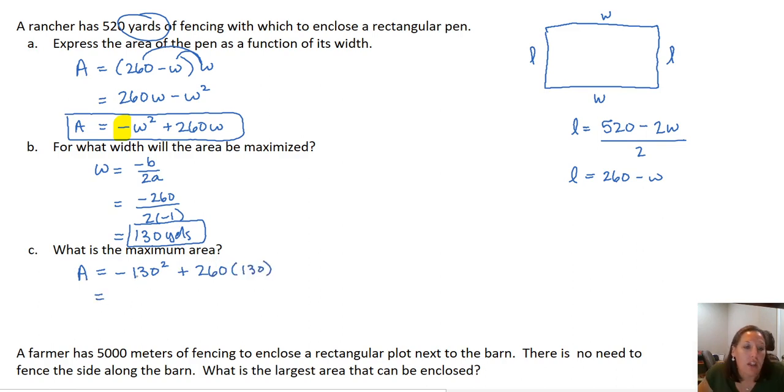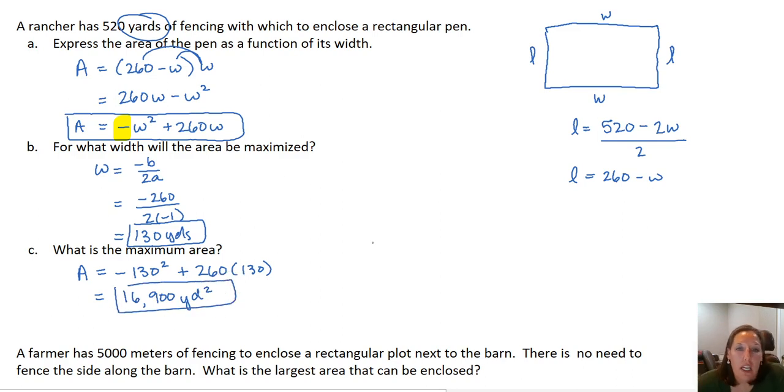Now remember, the 130 is the part that's squared, that negative is not. So -130 squared plus 260 times 130 gives us a maximum area of 16,900 square yards will be that maximum area.